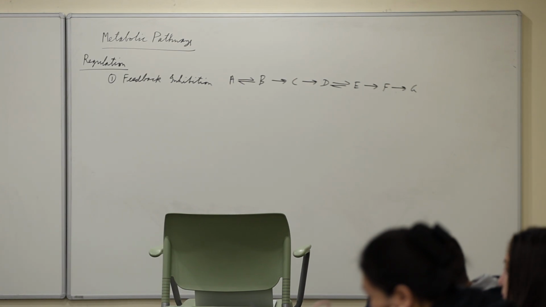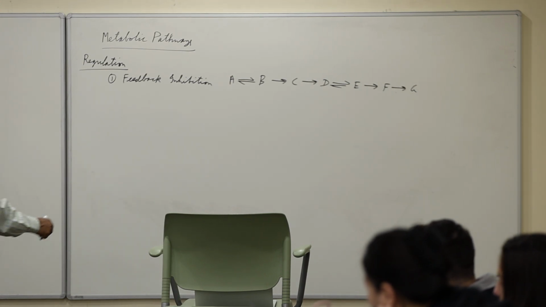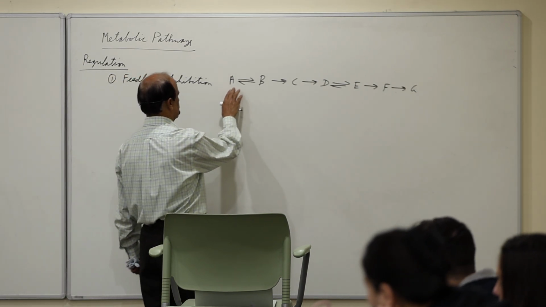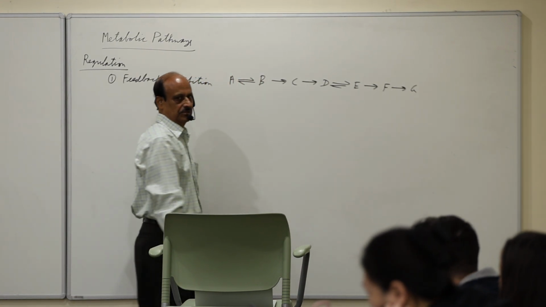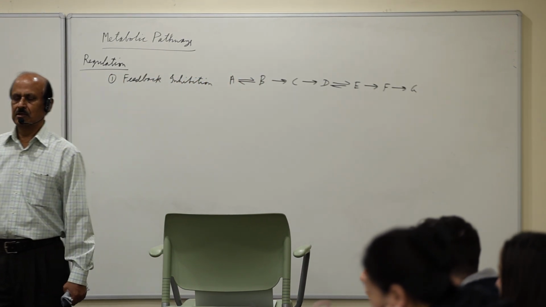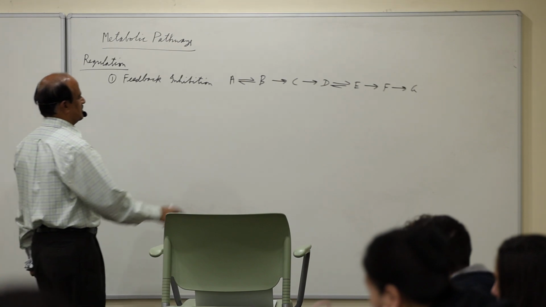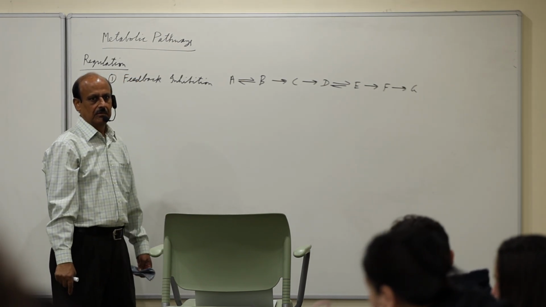The pathways are how we define it, that the goal is to make G, but for the cell, the goal is not to make G. It is mainly to continue further to make other things from G. All right, so for our purpose, we are looking at it as going from A to G, and we name that as a particular pathway. It has a name. And in that pathway, the purpose is to make G.